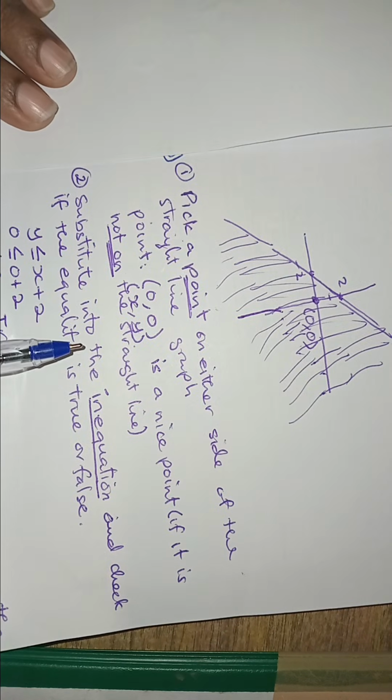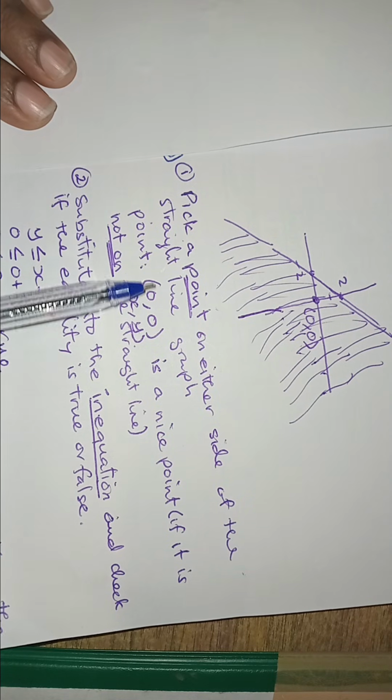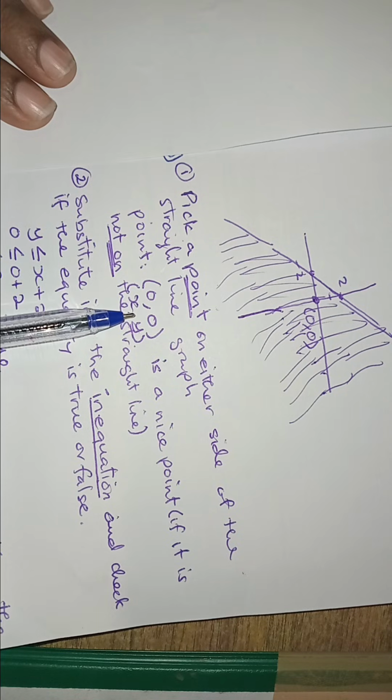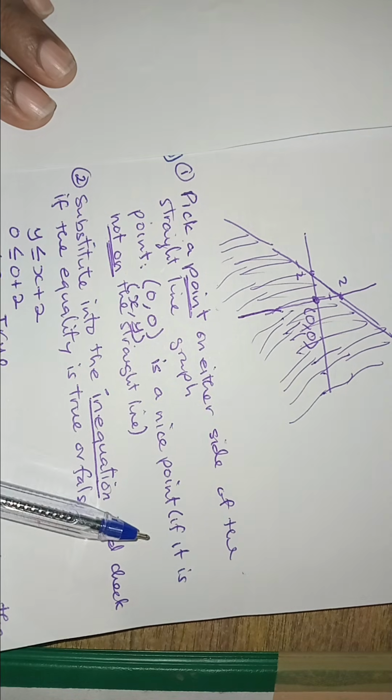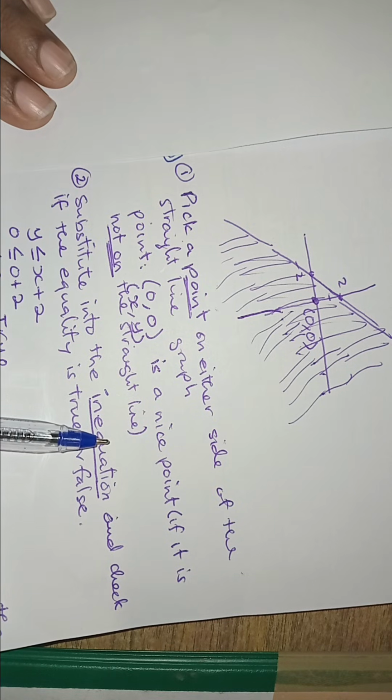So pick a point on either side of the straight line. Point 0, 0 is a nice point if it is not on the straight line.